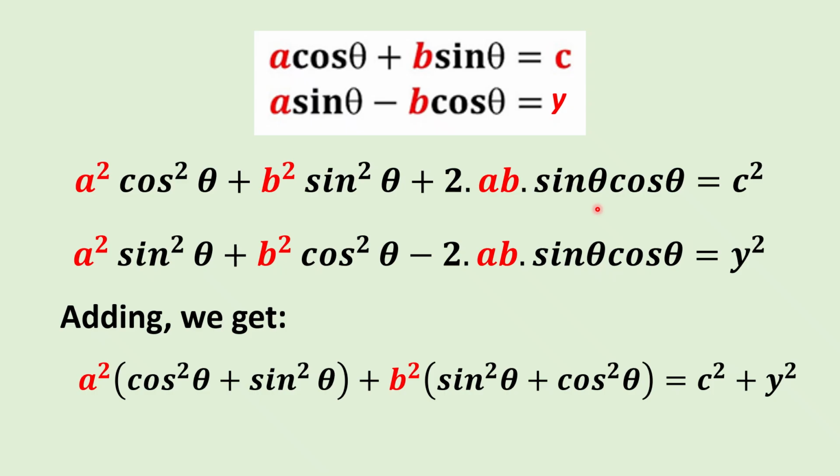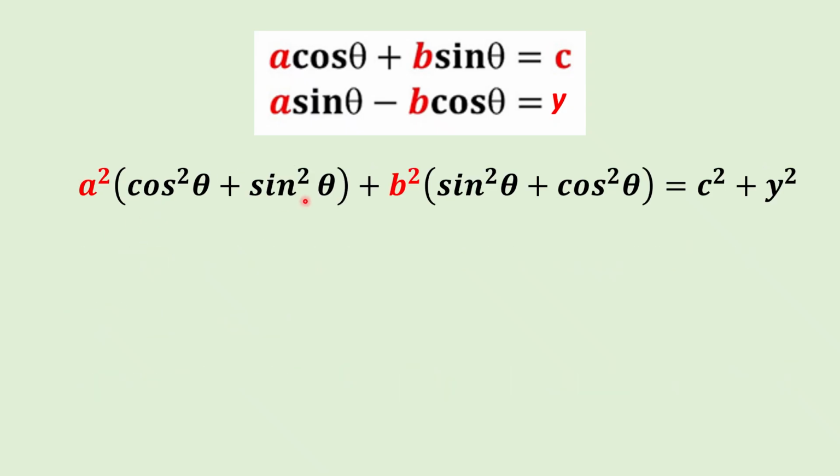And on the right side we will get c square plus y square. So a square within bracket cos square theta plus sin square theta, plus b square within bracket sin square theta plus cos square theta, is equal to c square plus y square.